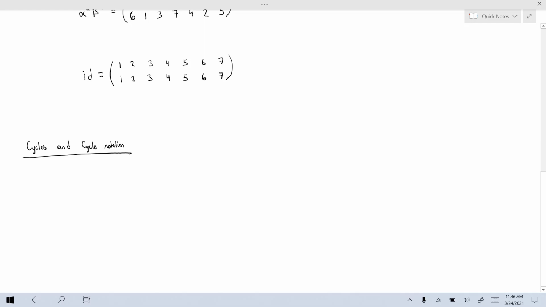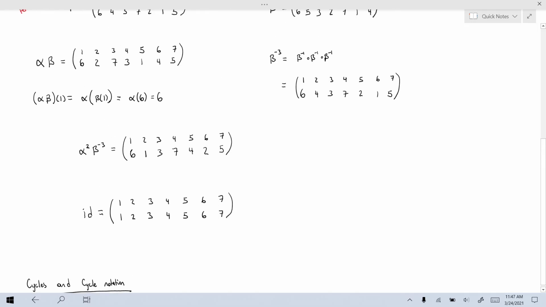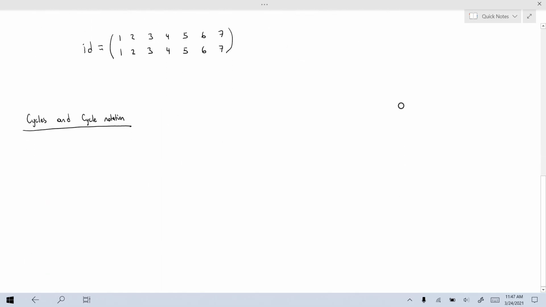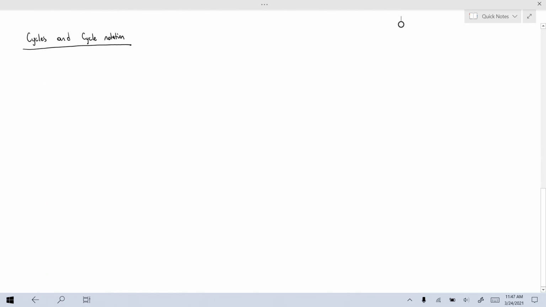For the purposes of this abstract algebra class, I would argue that the cycle notation is going to be much more important than the matrix notation. So you might like the matrix notation a lot, that's all right, but you have to make sure that you're familiar and comfortable with the cycle notation as well.